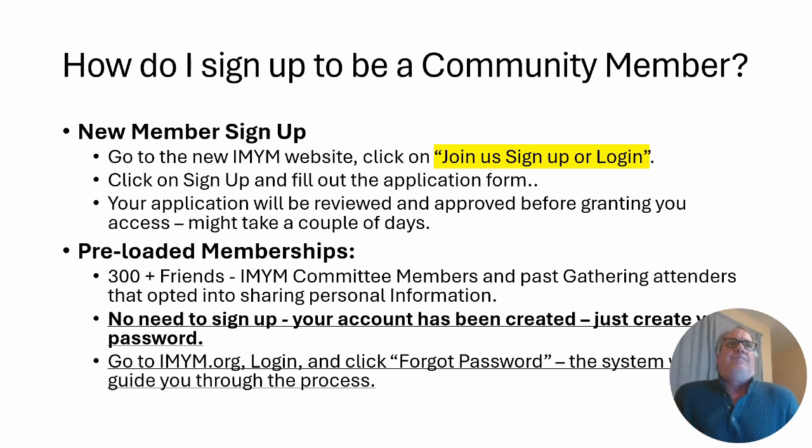If we've already preloaded you into the system with that email address, then you just have to hit forgot password, and it'll send you a link to, in theory, create a new password, but really you're setting your password for the first time, and it'll take you through that process. So anyway, that's how you do that.